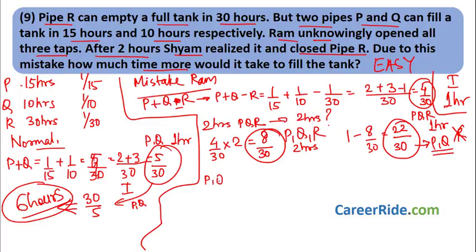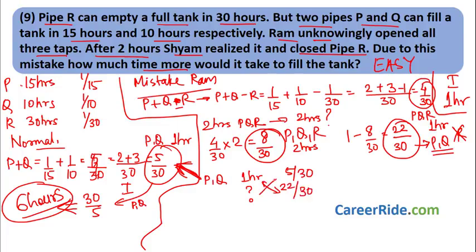Now what do we know? P and Q in 1 hour, how much amount do they fill? 5 upon 30. We have found it over here that P and Q, when they are on normally, in 1 hour fill 5 by 30 amount of tank. So in how much time will they fill 22 upon 30 amount of tank?